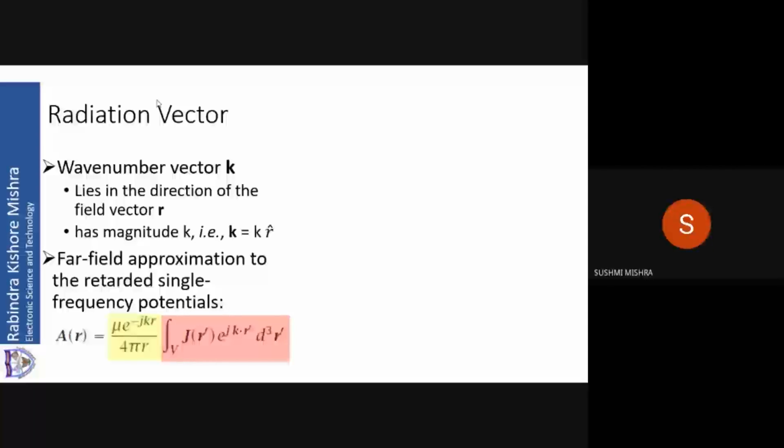See, there are two terms here. One is the integral term, one is the non-integral term. The yellow highlight portion shows us the non-integral term, and the pink highlight portion shows us the integral term. So we have two distinct terms here, one integral, one non-integral.